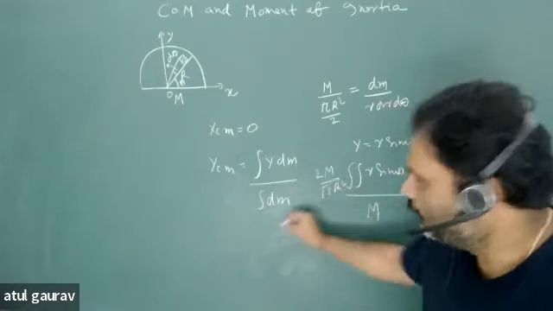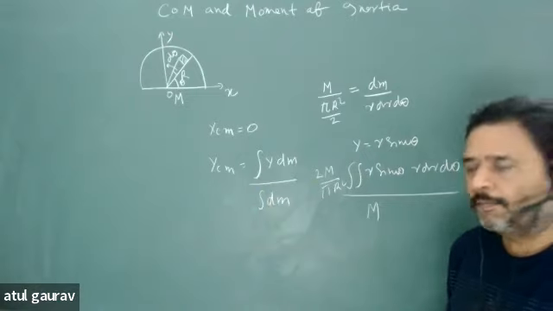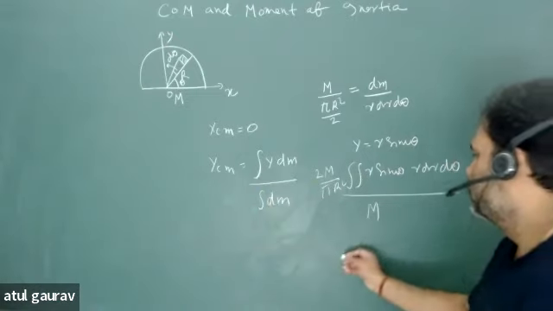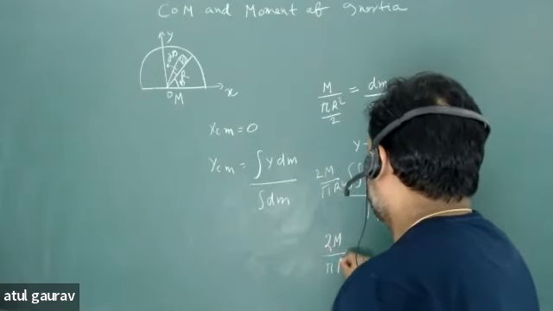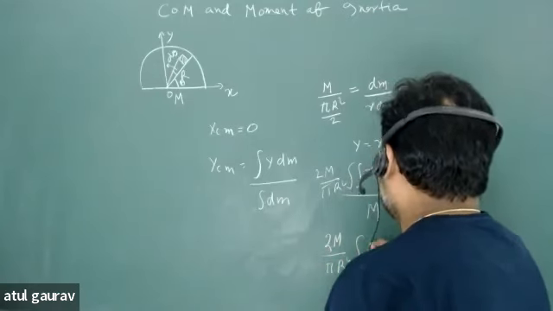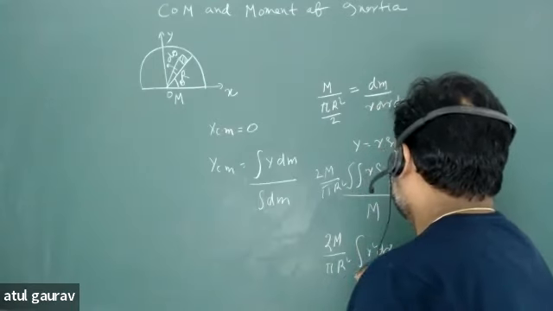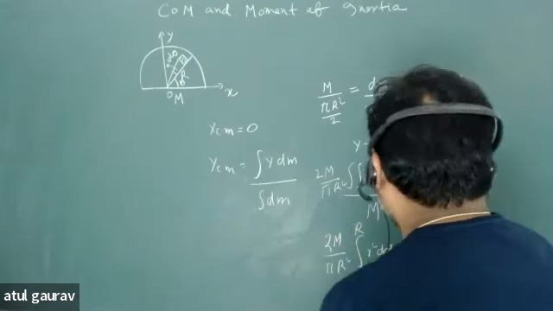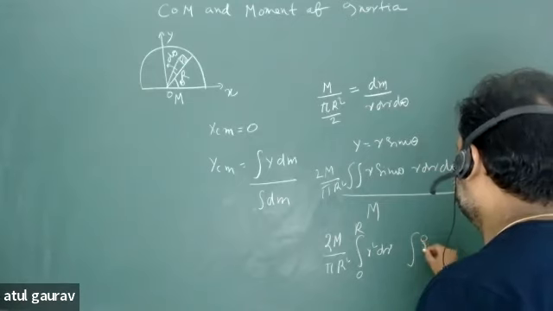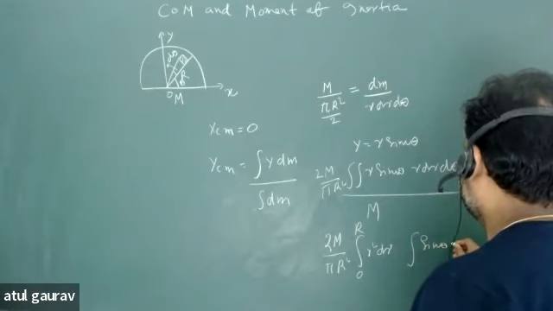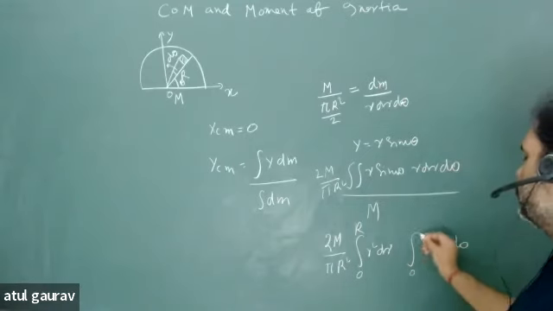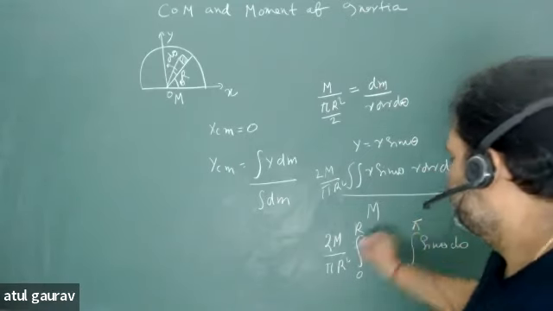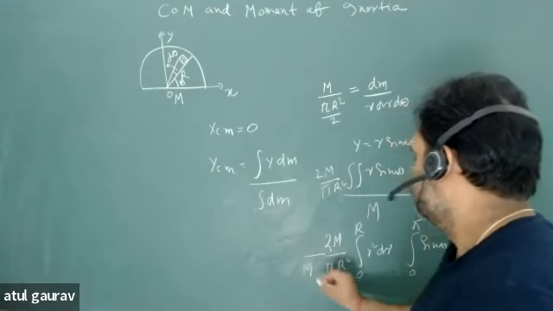And if you integrate it, that value is r square dr from 0 to capital R, and again sine theta d theta from 0 to pi. And this m will always be there.